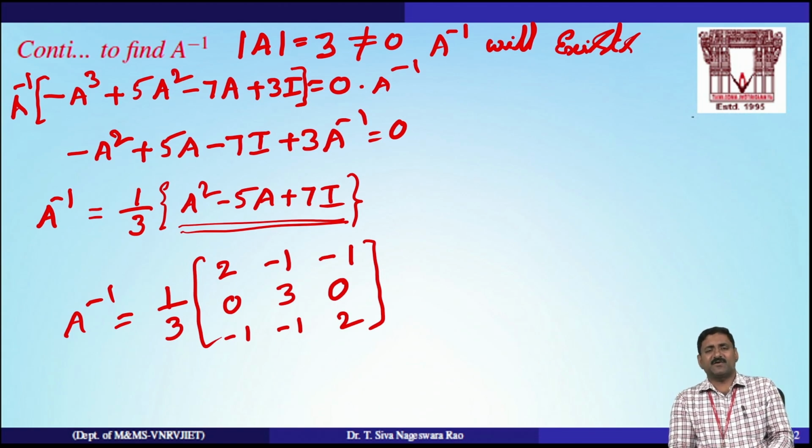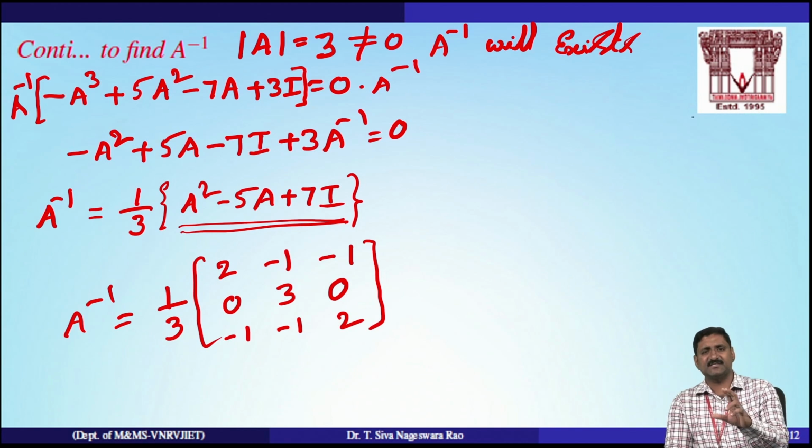In general, what is the process of finding A inverse? A inverse is equal to adjoint A divided by det A. How to find adjoint A? The transpose of the cofactor matrix. What is the cofactor matrix? We will derive it from the minor matrix. So this is the procedure for how to find the inverse of the matrix in general.